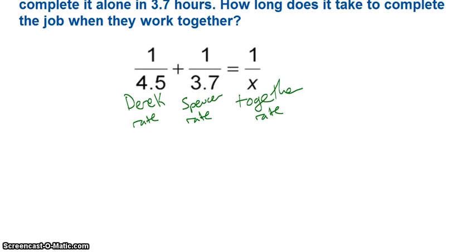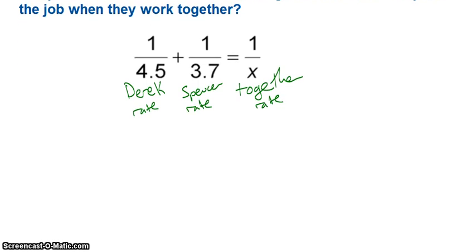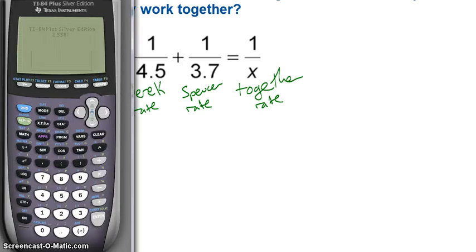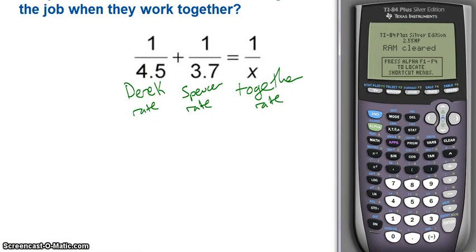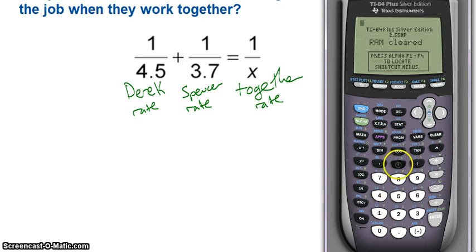So I'm going to combine the left-hand side, and to do that, I need to find the answer to what these added together are. So I'm going to take out my calculator. And if I do 1 over 4.5 plus 1 over 3.7 and I hit enter, I get an awkward decimal.